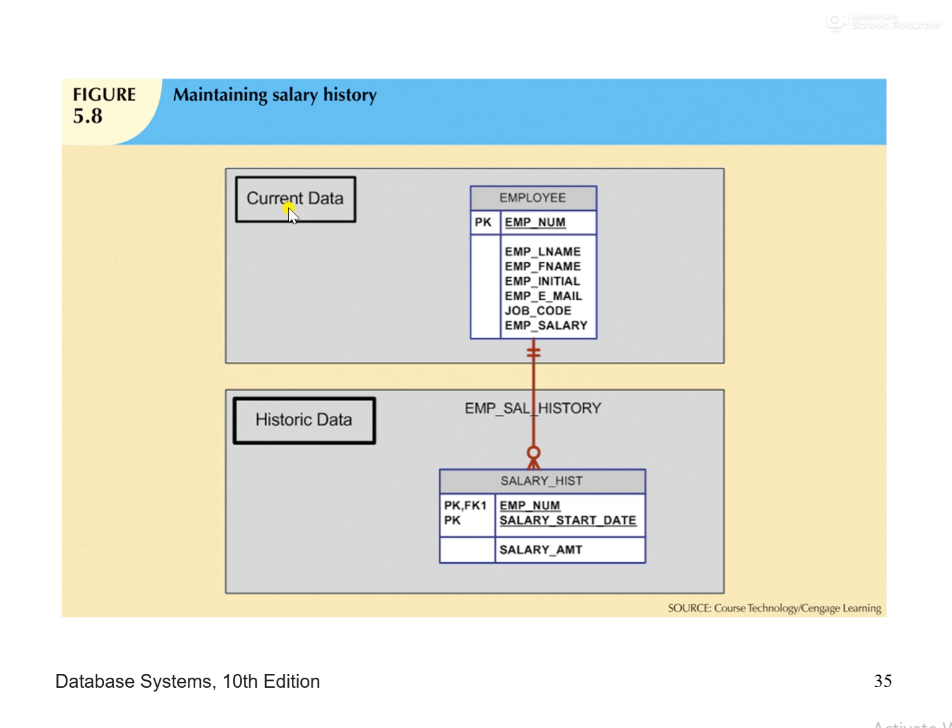The entity employee just keeps a record of current data, and the historic data record is kept in this salary history table, where we have salary start date, employee num and salary amount as attributes, where employee num is a foreign key from the employee table, and salary start date is its primary key, and employee num is also a part of the primary key.